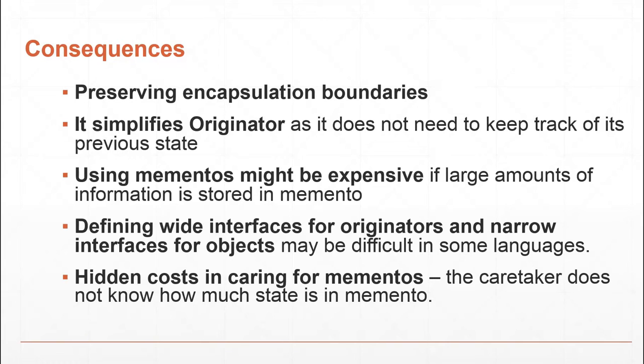However, using memento might be expensive, as large amounts of information are stored in the memento. In addition, in some languages, defining a wide interface for the originator and a narrow interface for other objects may be difficult, and moreover, there might be a hidden cost in caring for mementos because the caretaker doesn't know how much state is in the memento.